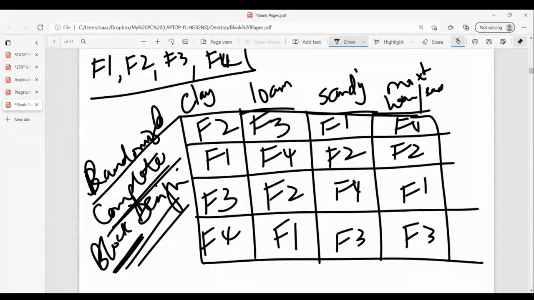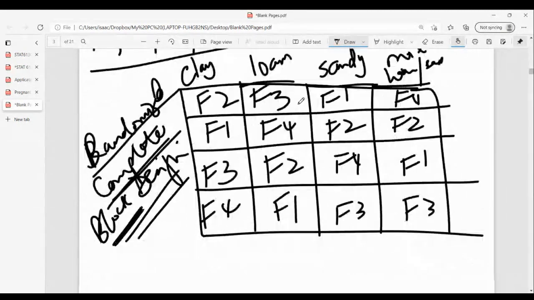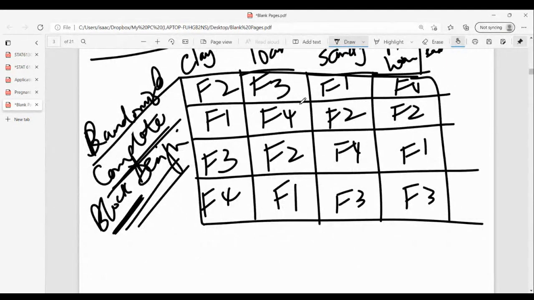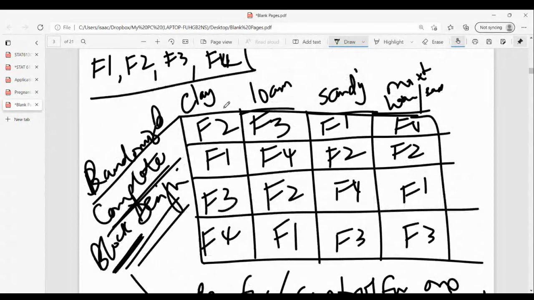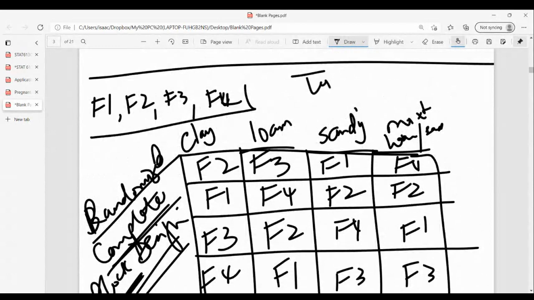And it's a block design because we are trying to, or I should say control for, one source of variation. So the source of variation that we are taking care of here in this example is what? Is the type of soil, right?